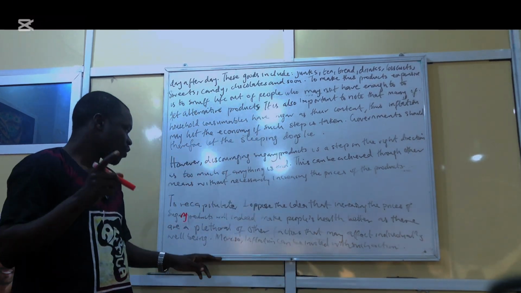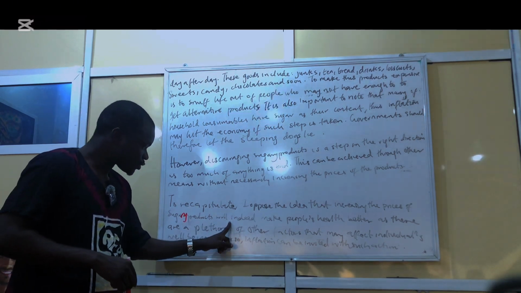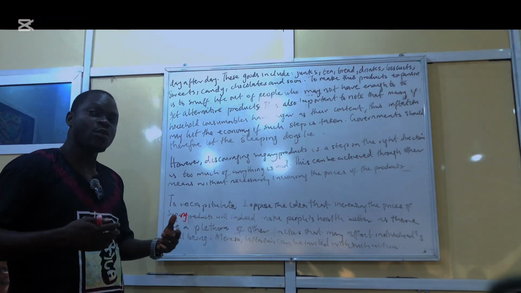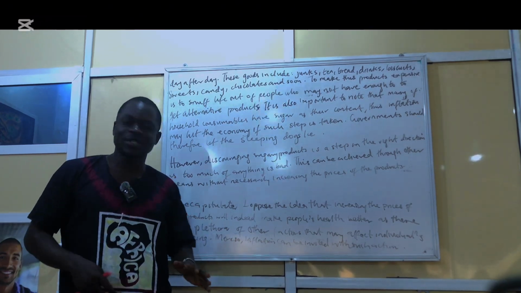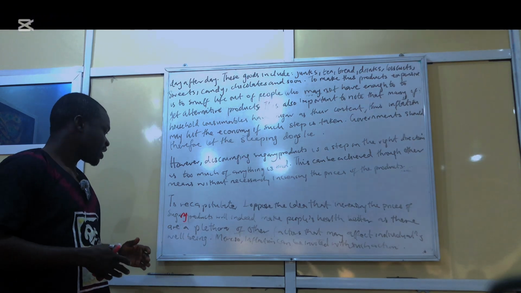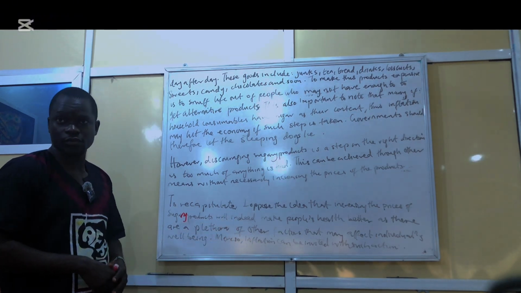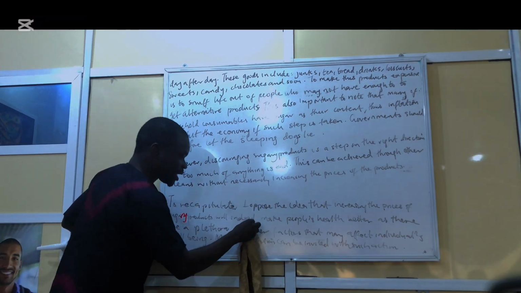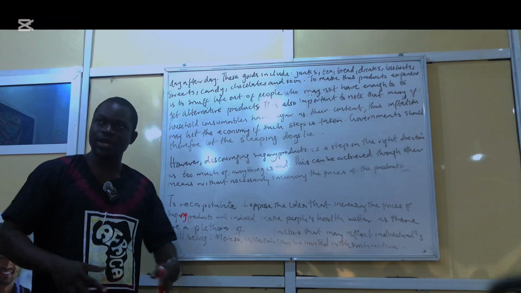So please confirm if there's an L here in plethora. There's no L there, and so that's good. If I were in the exam condition and I'm not sure of plethora, I would just remove it and use probably areas, or say there are a lot. So let me not say plethora of other factors, because plethora already means many.